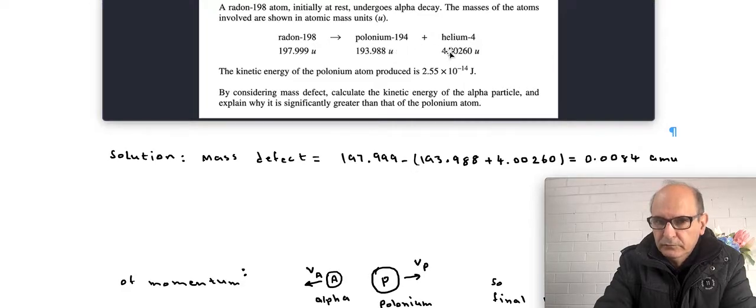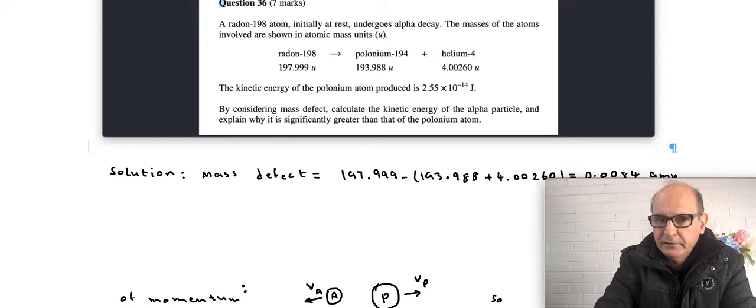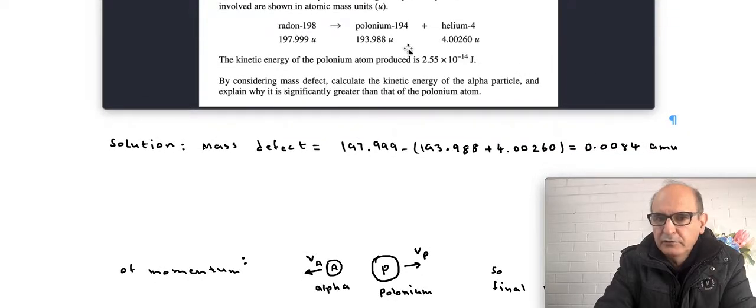So we add these two masses and take it away from the initial mass, and this way we see how much of the initial mass we have lost. 197.999 minus the sum of these two, you end up with 0.0084 atomic mass units.